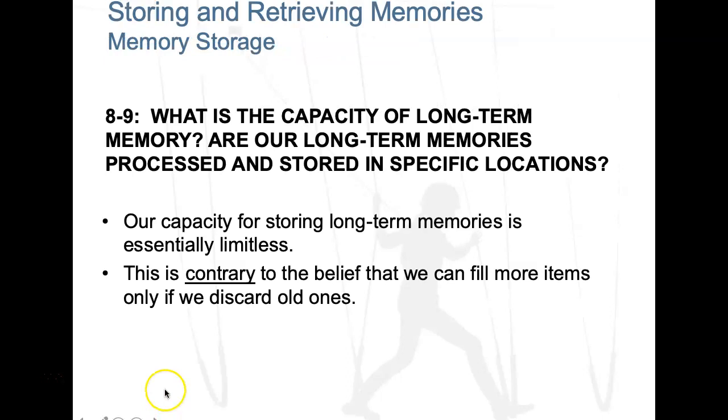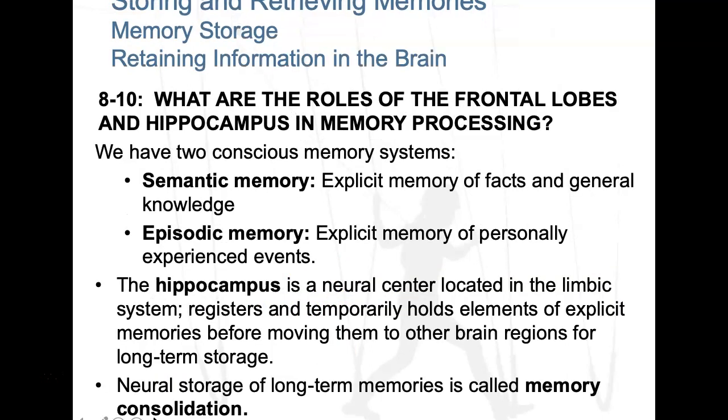All right, I've already covered the long-term memory capacity. It is limitless and it is a permanent storehouse of our long-term memory. All right, continuing on, we have semantic and episodic memory.